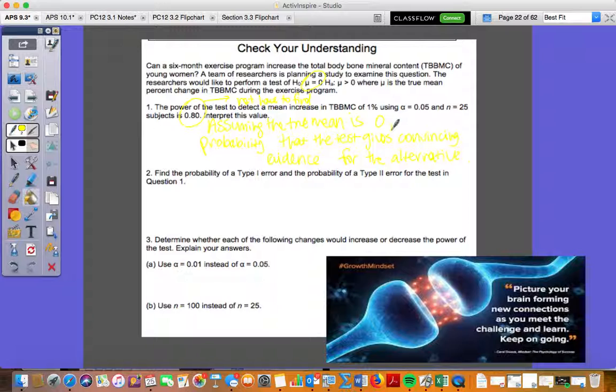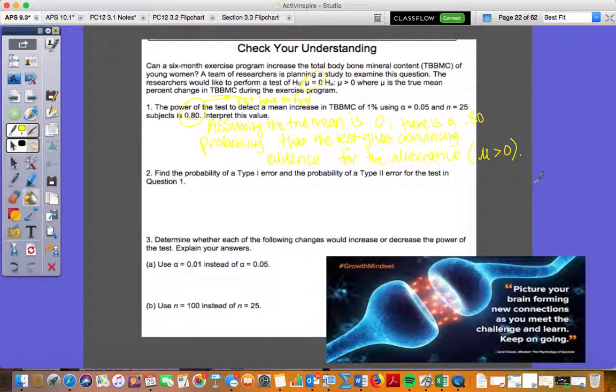Assuming the true mean is 0 for the percent change in TBBMC, there is a what probability? 0.80, because that's the power number, right? Probability that the test gives convincing evidence for the alternative, and I usually try to put what the alternative is, that mu is greater than 0. And that is the definition of power.